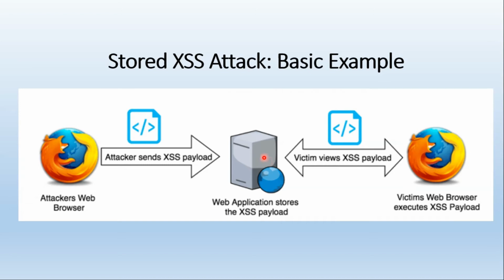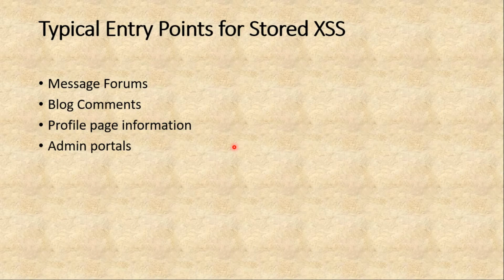So when users or victims go to this website and reload it, the malicious code runs on the victim's browser, so the victim is directly connected to the attacker's web browser. This is called stored accesses by using JavaScript malicious code. Otherwise, we call it an accesses payload.